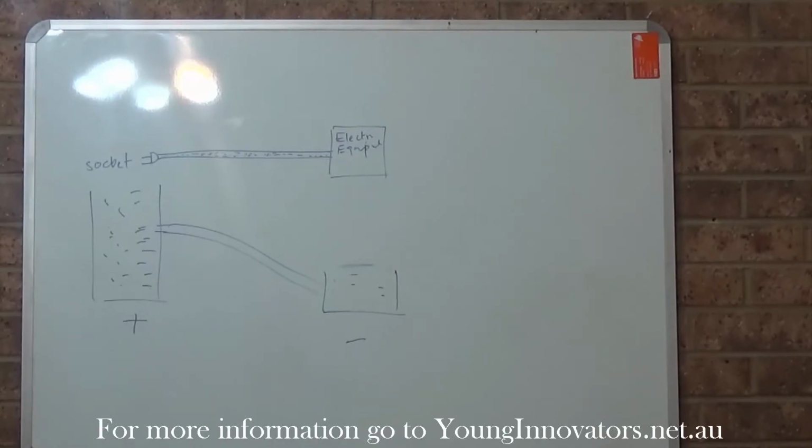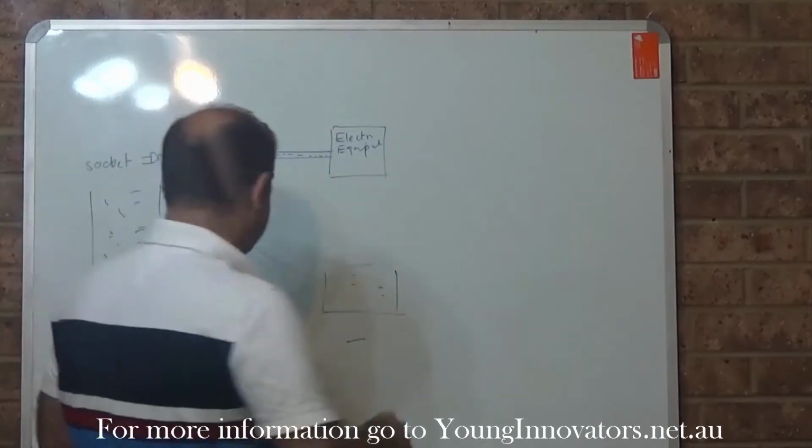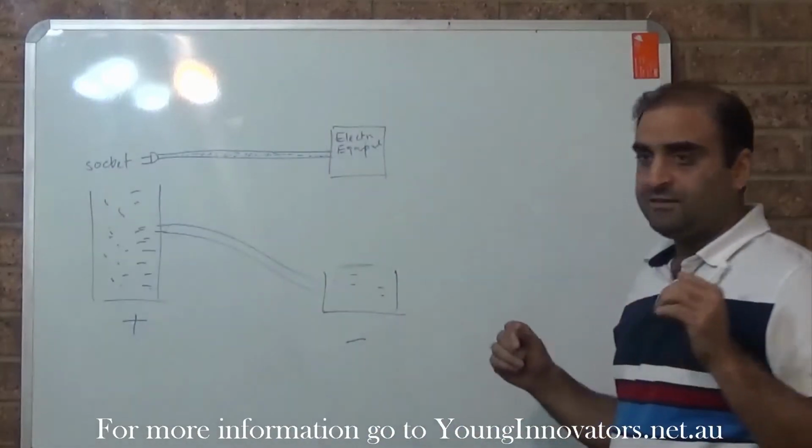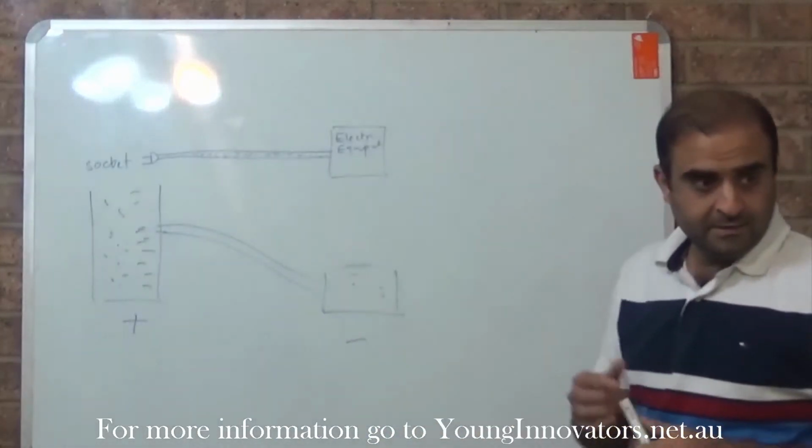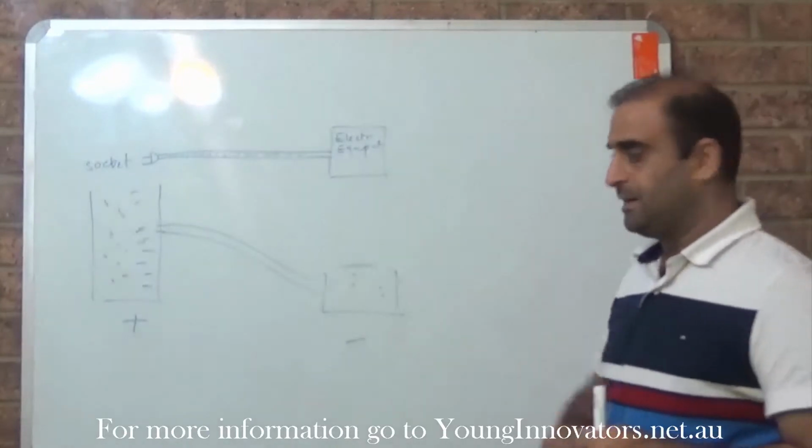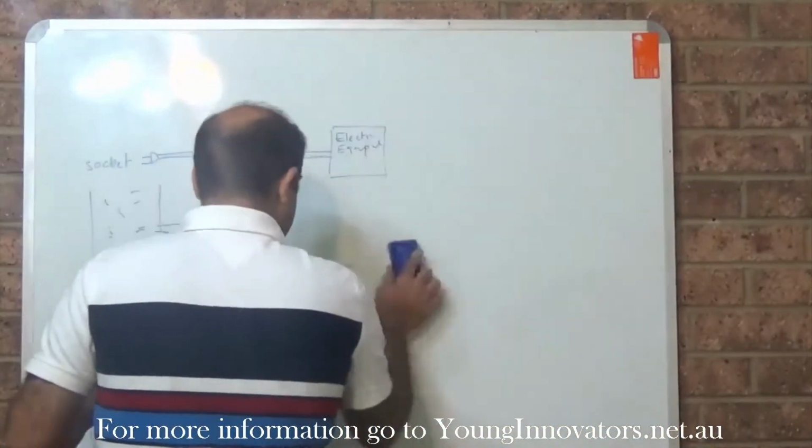On the side you can see the plus sign and the minus sign. Can you see them? So that's clear, right? Electricity flows from where to where? From the plus to the minus. That's good.